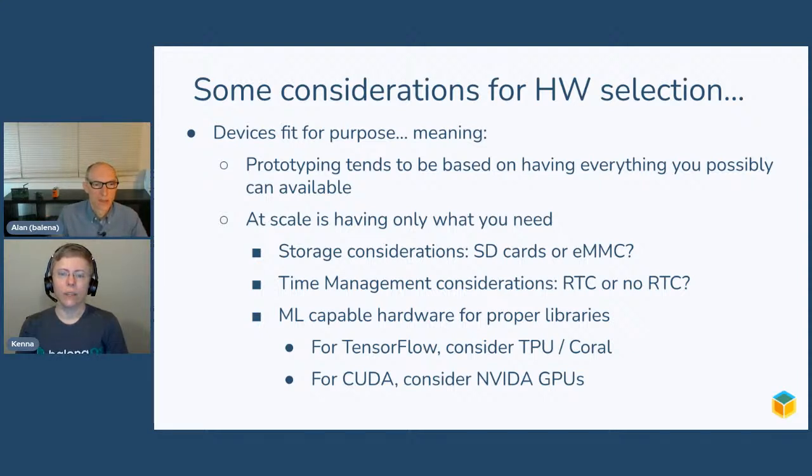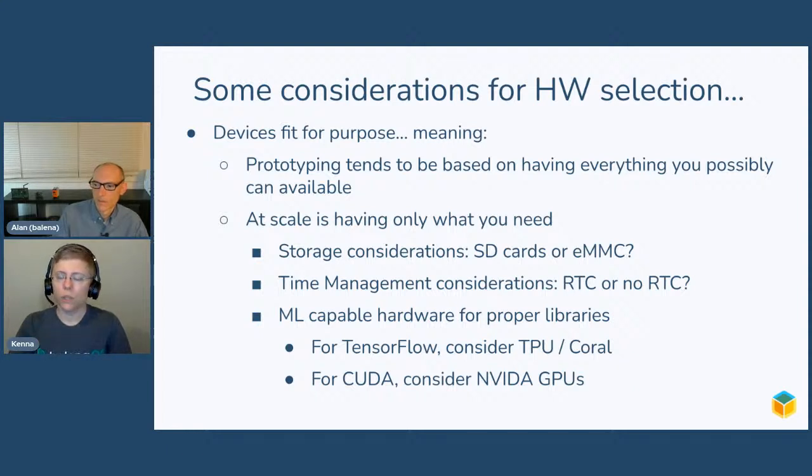I'm speaking pretty generally at a high level, but when most people are getting started, if they haven't done this before or haven't dealt with embedded hardware, the prototyping stage is usually on something you're familiar with. So a lot of people grab a Raspberry Pi off their desk or a BeagleBone or something else that they've used in university, and they just test with it.